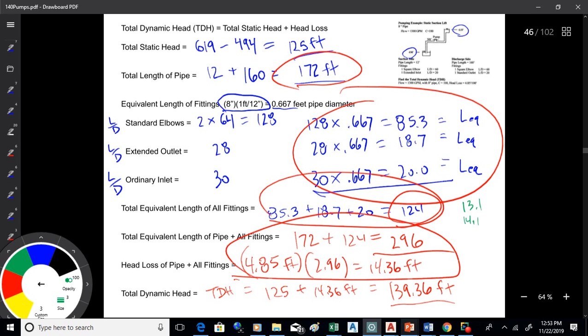And then I'll give you a part of 14, 5, and 6. The part I'll give you is just finding the TDH. And this will be due Monday.